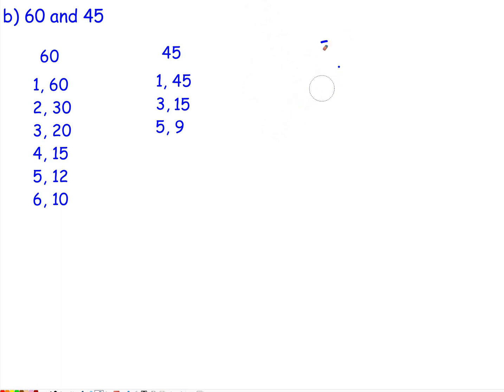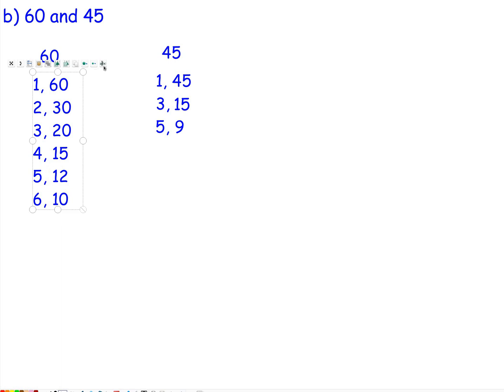So, now to decide what the HCF is. Looking at our list, we can see that 1 is the same, 3 is the same, 5 is the same, and 15 is the same.